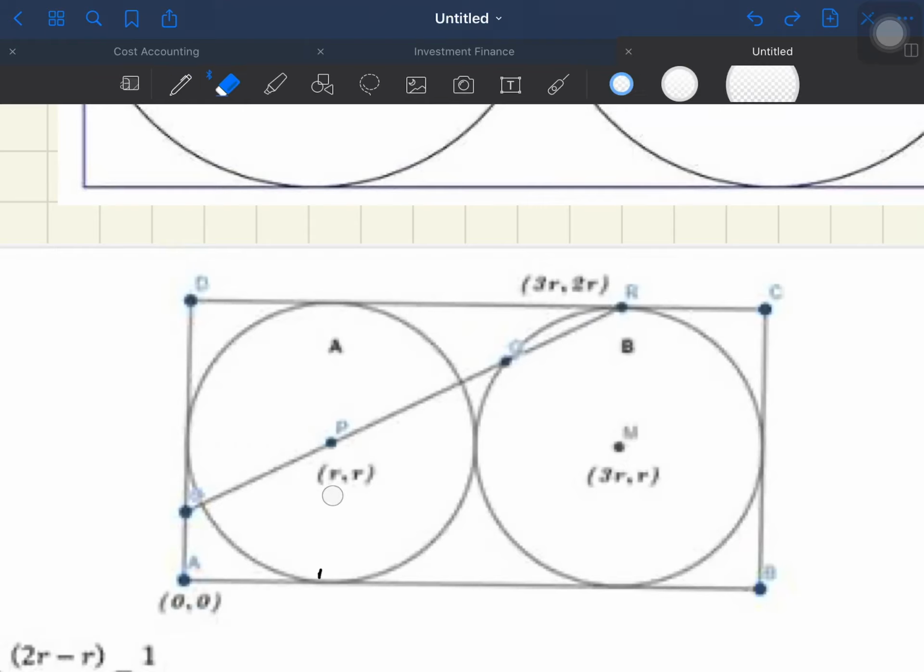So after you have denoted these points, you should be able to get P and M first.